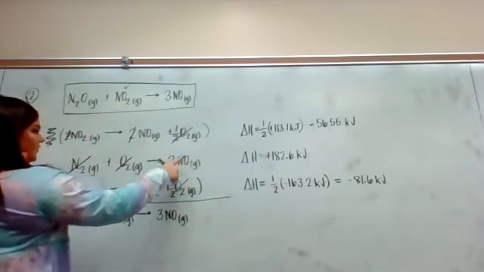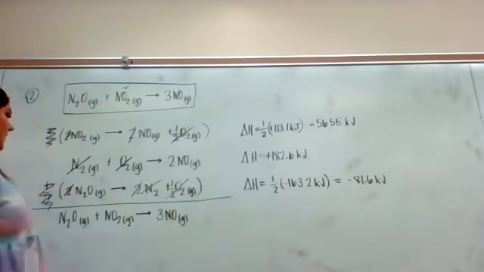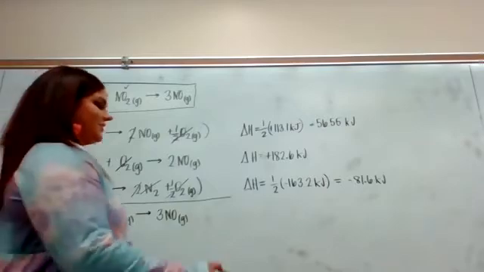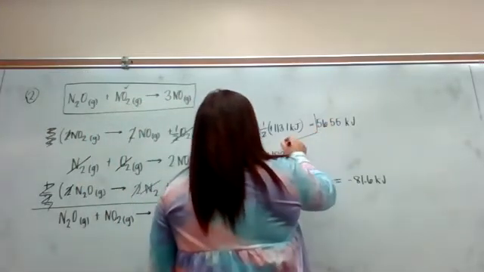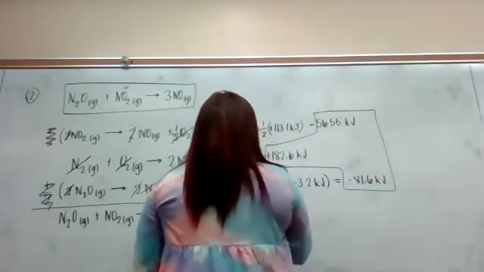I have one NO, I have two NOs, so I end up with 3. Okay, so everything canceled that I needed to, everything stayed that I needed to. Now, to get the delta H, I simply take these 3 numbers and add them together.